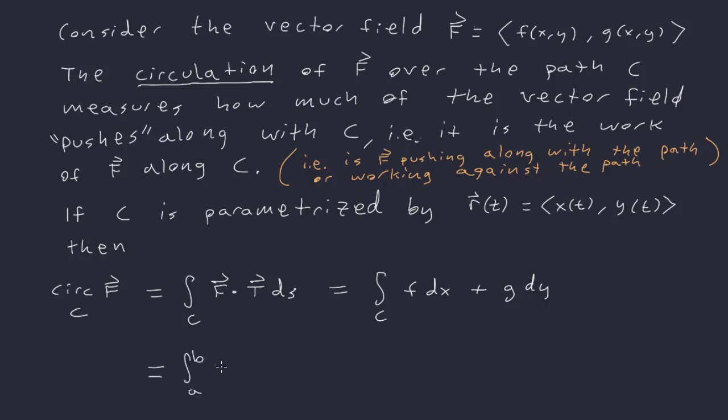I don't think I gave t values here. Sorry, let me do that. It'll be the integral from a to b of F of r dot r prime dt. In other words, this is going to be the integral from a to b of little f with r plugged into it times x prime plus little g of r plugged into it times y prime dt.